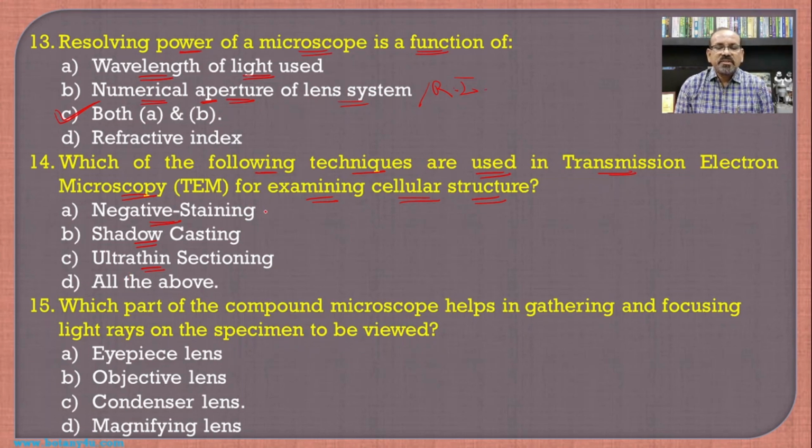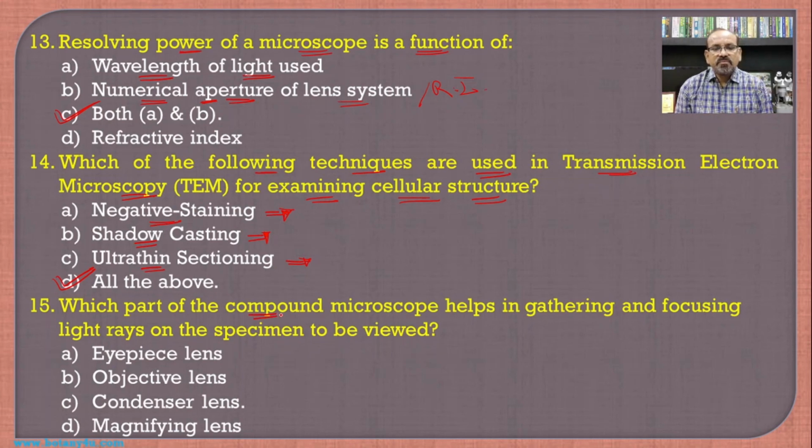The negative staining is responsible to enhance the light. Then shadow casting is responsible for the increase in the three-dimensional view of the object, and again the ultra thin sectioning is responsible to pass the electron beam easily, and hence all the above becomes the answer for this question.